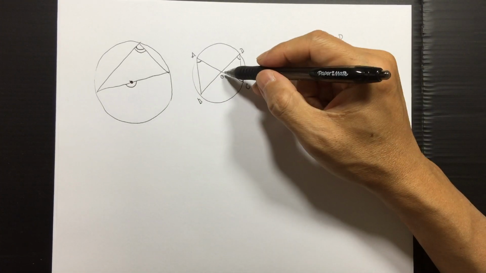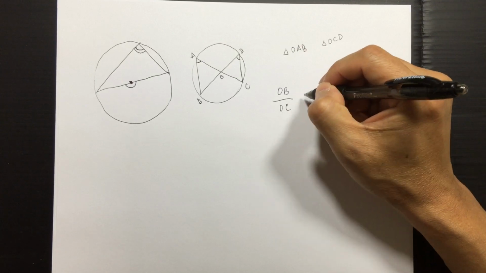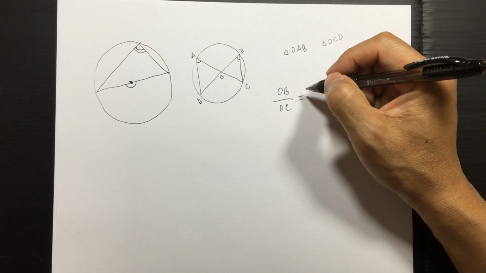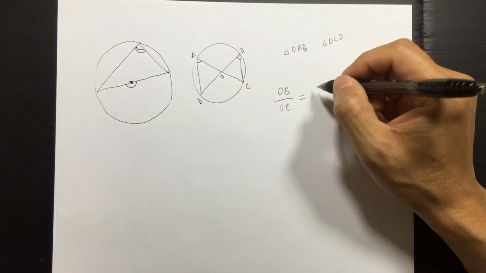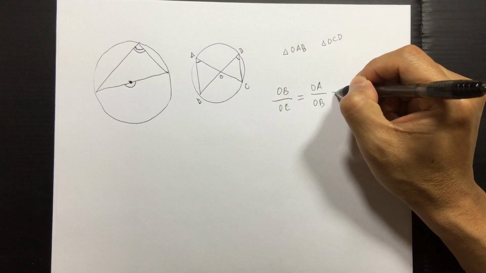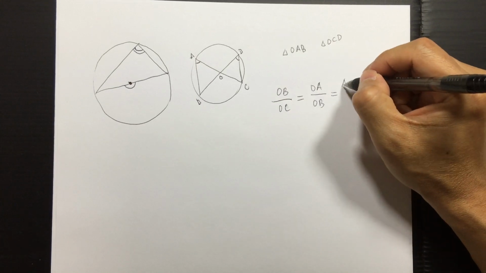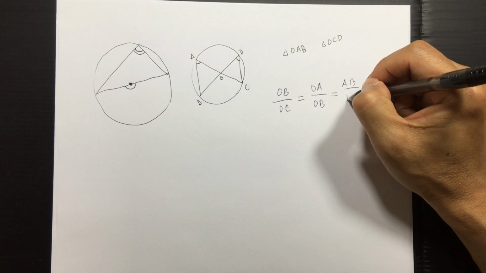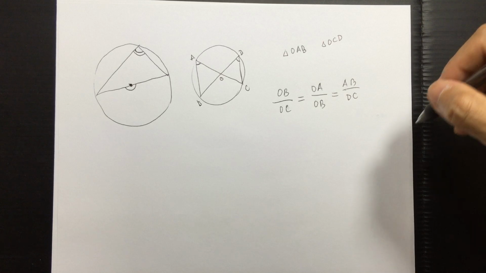OB divided by OC equals, for instance, this segment, OA over OD, and also equals AB over DC.